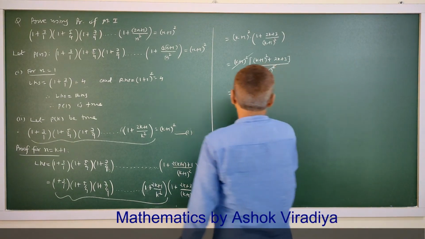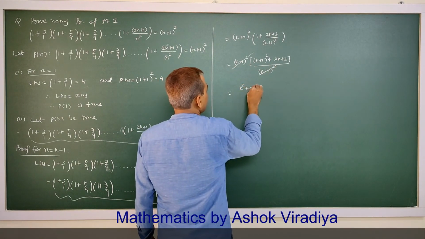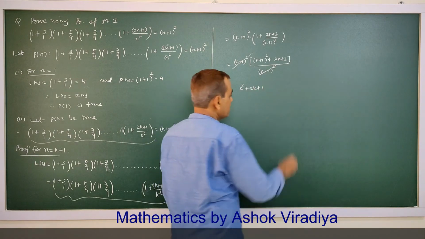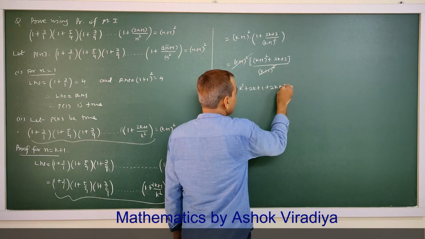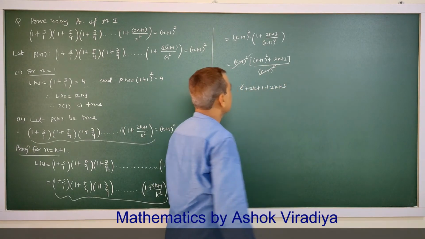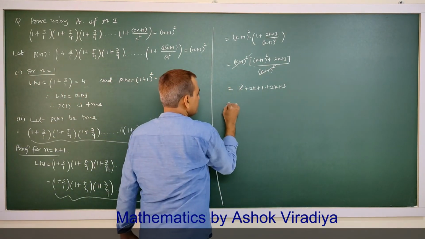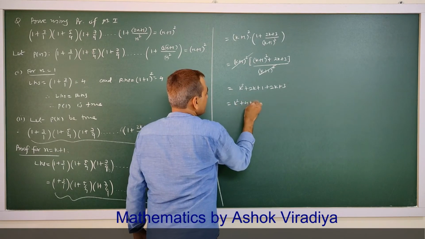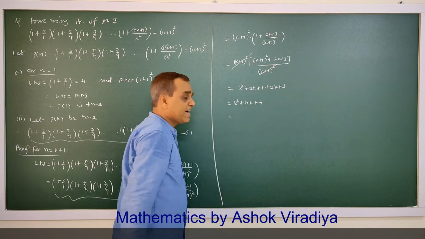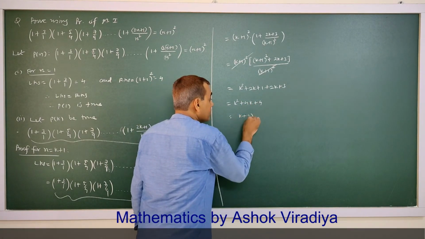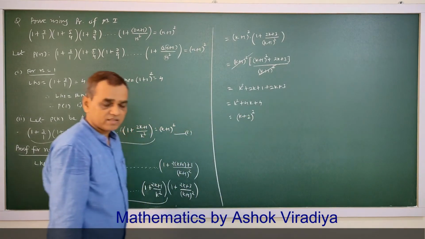So it is k square plus 2k plus 1 plus 2k plus 3. This is its simple form. So it is equal to k square plus 4k plus 4, and this is k plus 2 whole square.